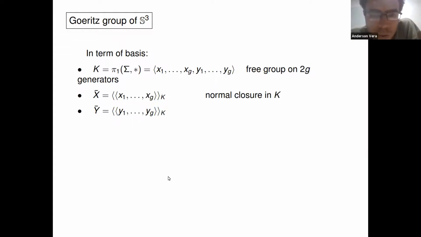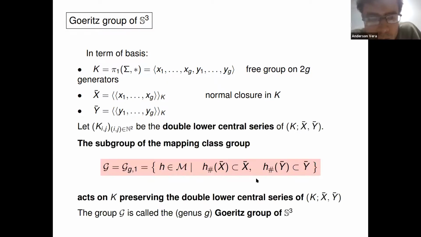Then we consider the double lower central series, and we define the Goeritz group as the elements in the mapping class group which preserve these two subgroups at the level of the fundamental group. This condition implies that the action of the Goeritz group is going to preserve all the double lower central series.